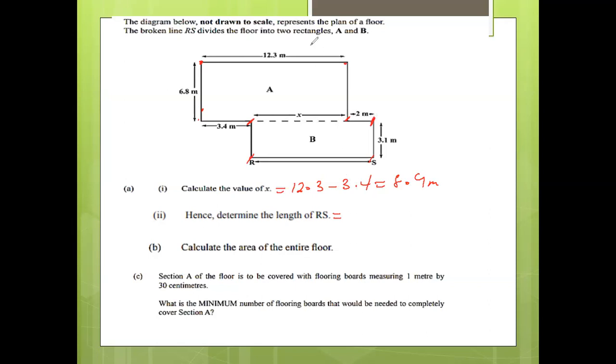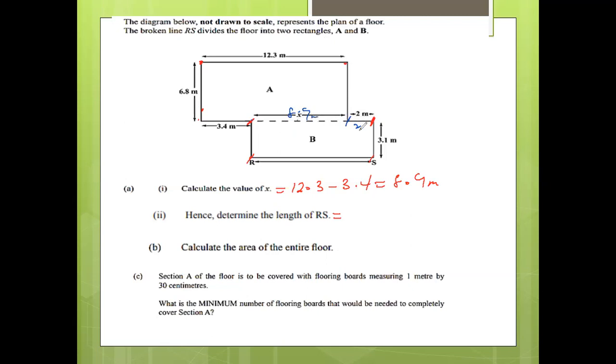So what you do here, we know that up to this part here, this side is 2, but you want to find the remaining one, right? Now we know that x is what? The x is 8.9.